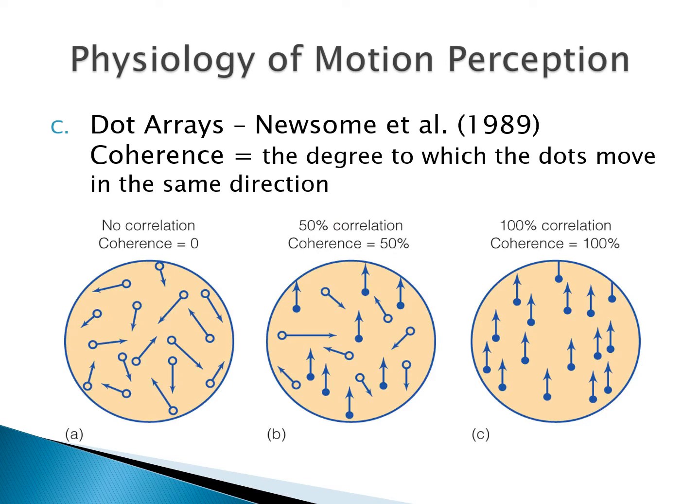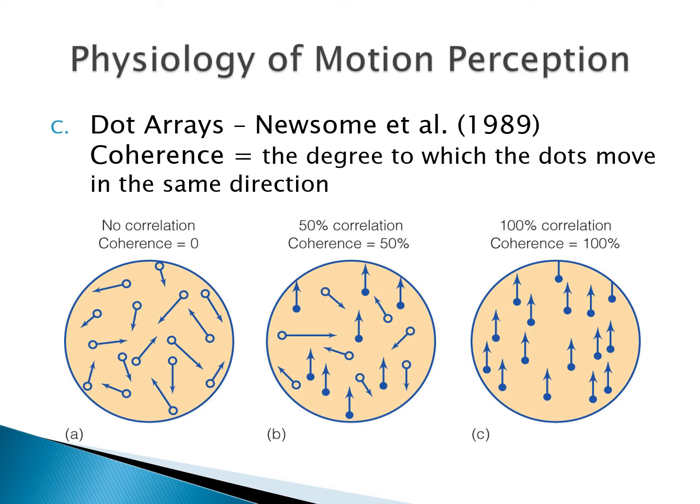If we look at the physiology of motion perception, one of the ways they have looked at this is by using these dot arrays. The research I'm going to be talking about comes from Newsome et al., 1989, where they were manipulating the degree of coherence, which is the degree to which those dots are moving in the same direction.